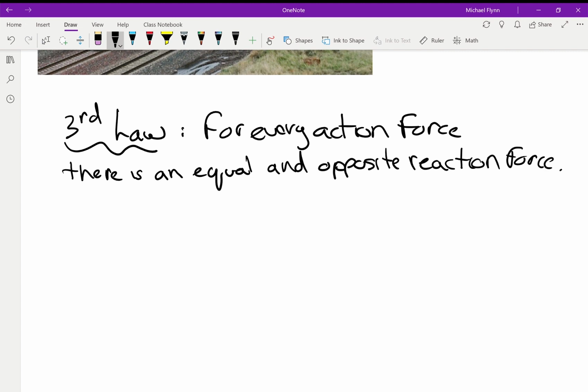Now, what does that mean? I'm just going to put a little highlight note. These forces occur on different objects.